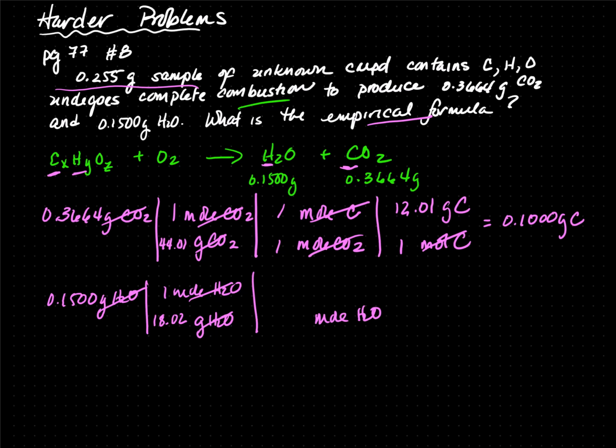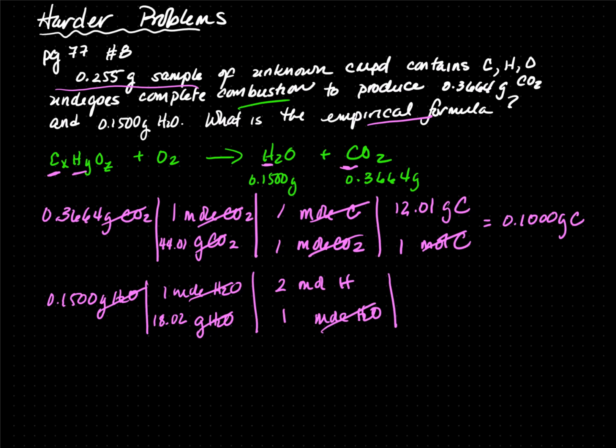If I have 1 molecule of water, there are 2 hydrogens and 1 oxygen. So if I have 1 mole of water, I have 2 moles of hydrogen and 1 mole of oxygen. Since we are looking for hydrogen, this is going to be 2 moles of hydrogen.